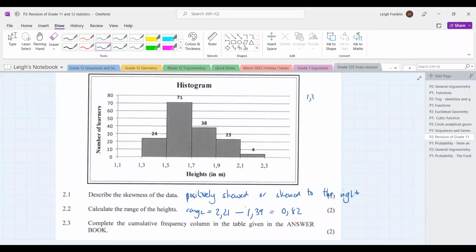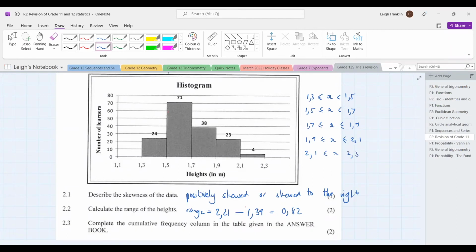So we've got 1,3, then 1,5, 1,7, 1,9, 2,1, and 2,3.